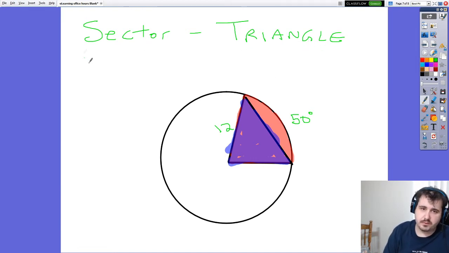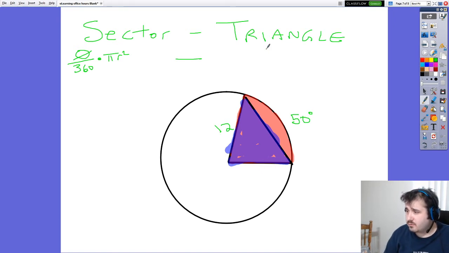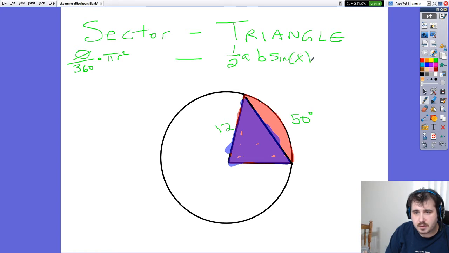That is to say, we do what we had before, angle divided by 360 times pi r squared, and we subtract the triangle. Remember the trig formula for the area of a triangle is 1/2 a b sine x, where x is the angle. This is a complicated variable, I don't want to use that, so we can just use that x again.